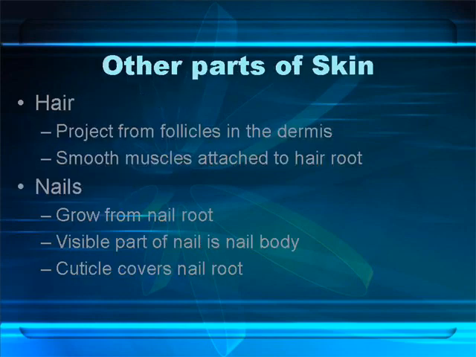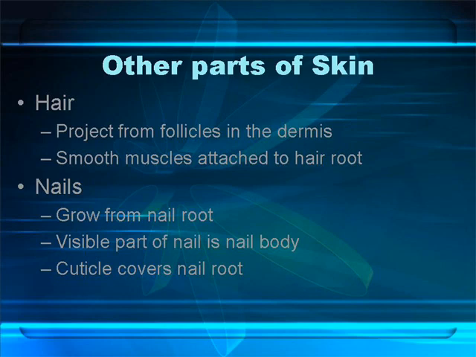Aside from the three major layers of the skin, there are other parts to your integumentary system. Your hair and fingernails and toenails are all considered part of the integumentary system. Of course, your hair comes from follicles found within the dermis, and there are smooth muscles attached to the hair root.